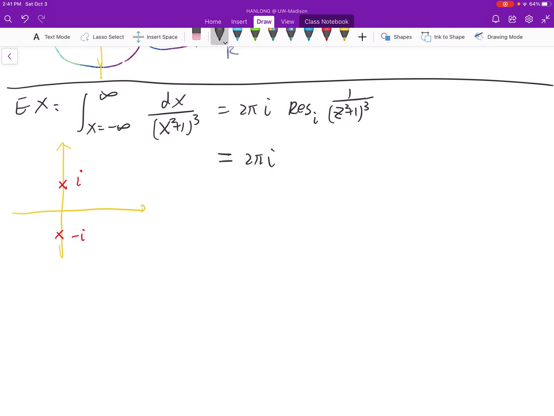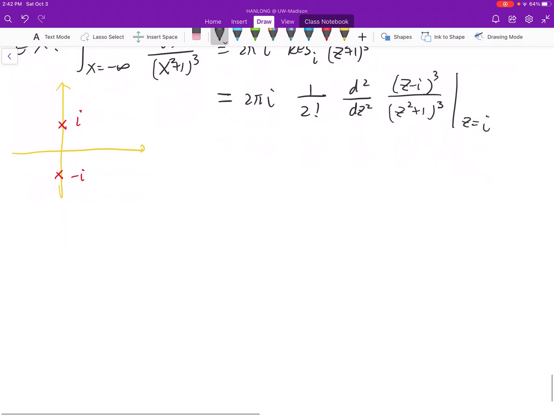So when you apply the derivative method to calculate the residue, we need to do the following: 1 over 2 factorial times the second derivative of (z minus i) cubed times 1 over (z squared plus 1) cubed, evaluated at z equals i.